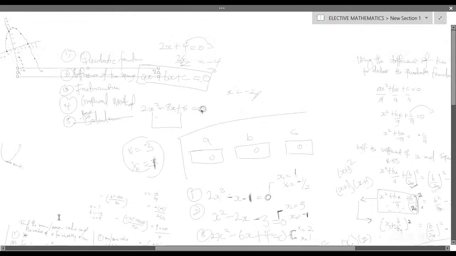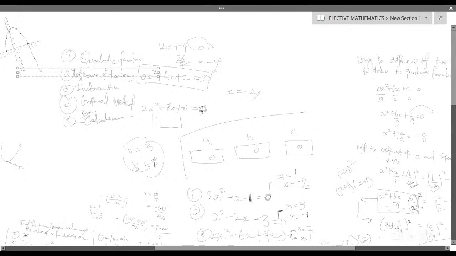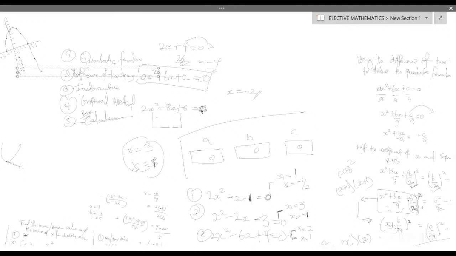So right now, at the end of this lecture, you understood how to find the minimum or the maximum points, and how to find the axis of symmetry: 1, using the graphical method, 2, using the formula. The next thing we learned today was how to solve the quadratic equation, the various methods.